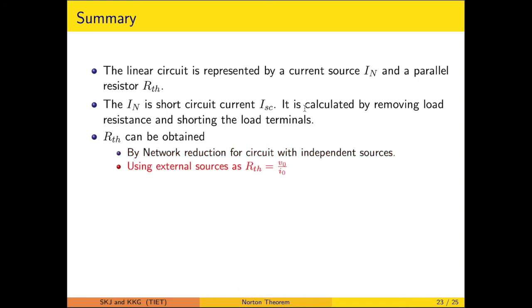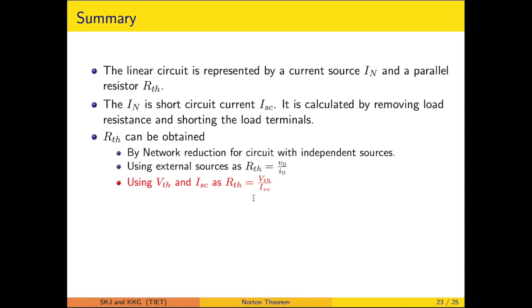We can make use of the external supply and calculate RTH equal to V0 upon I0. But while doing so, we have to make the independent source ineffective in the linear circuit. Or we can make use of RTH equal to VTH upon ISC, or you can say VOC upon ISC.